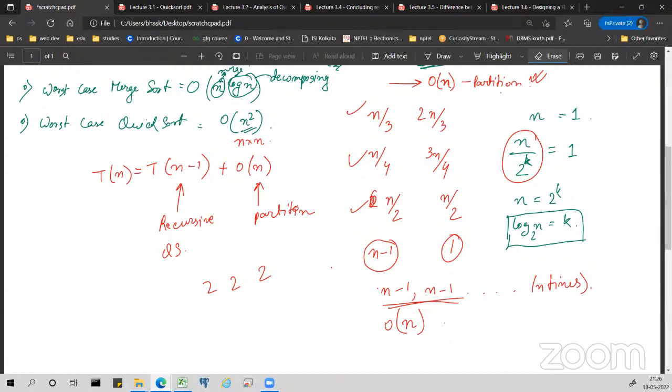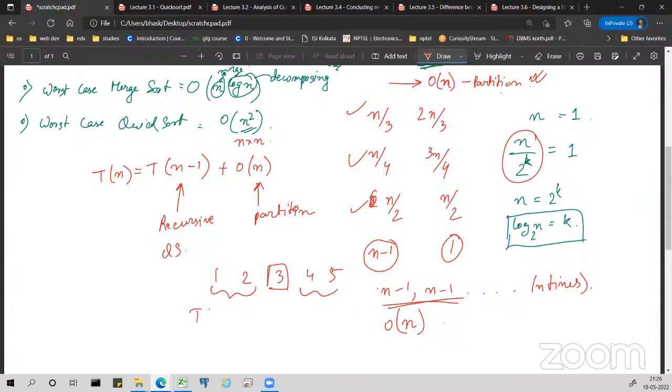Now, Sir, I have a quick doubt. Yeah, please. Sir, in your example of 1, 2, 3, 4, 5, if my pivot element was 3, then would the worst case still be order of n square? No. If your pivot is 3, then your subparts would be this and this. Then what is your recurrence? Your recurrence is not n-1 and 1.